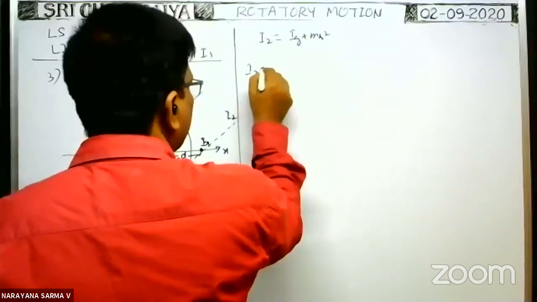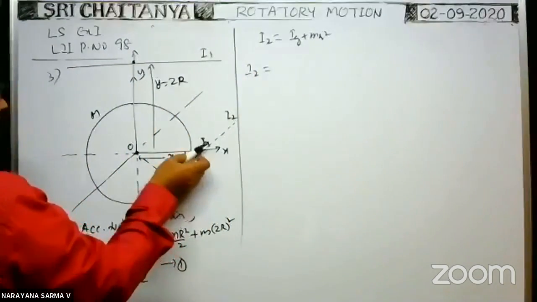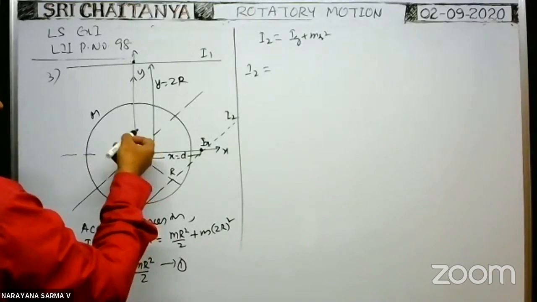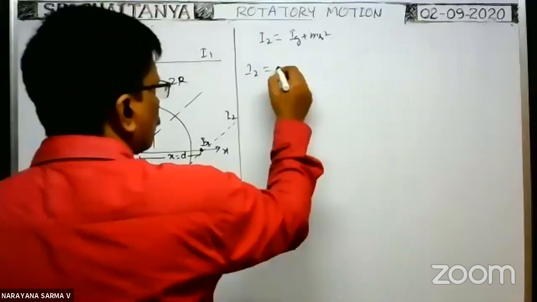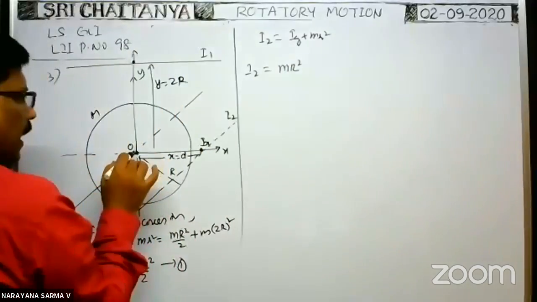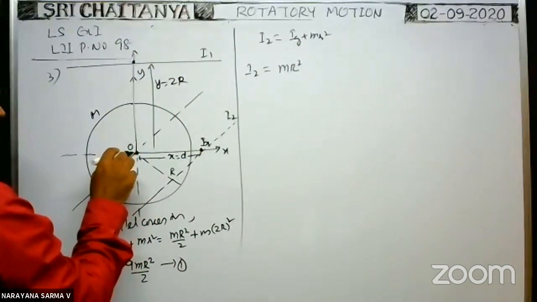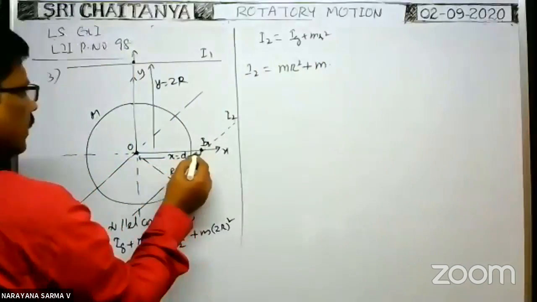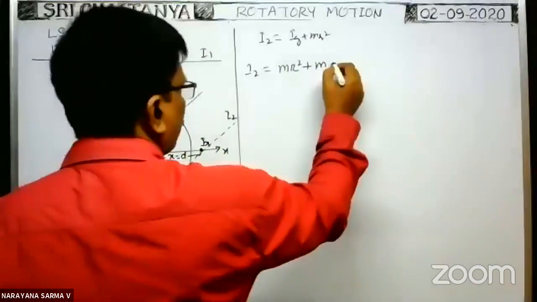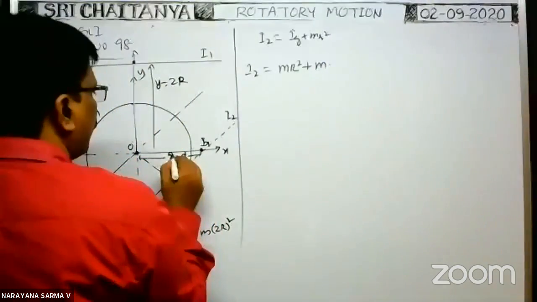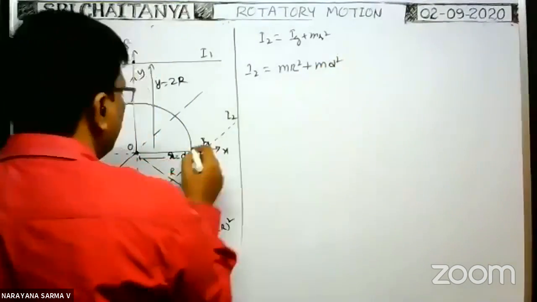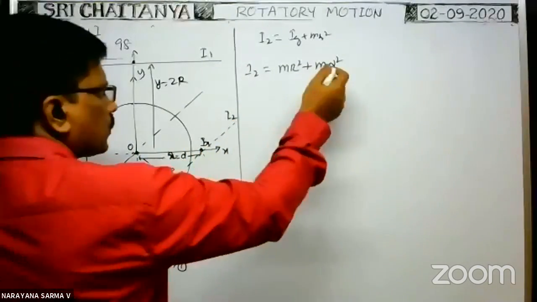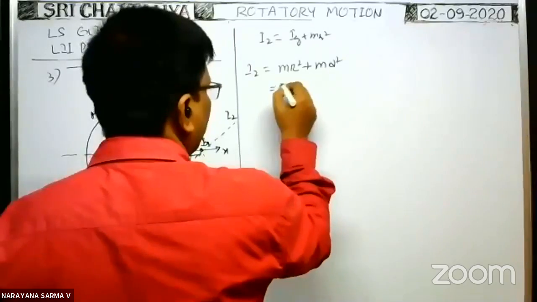About the z-axis the moment of inertia is m r square only, for a ring, plus m into d square. This distance is d, whether it lies inside the ring or outside the ring, whatever it may be, d square.